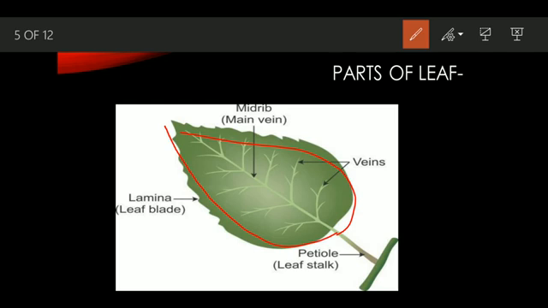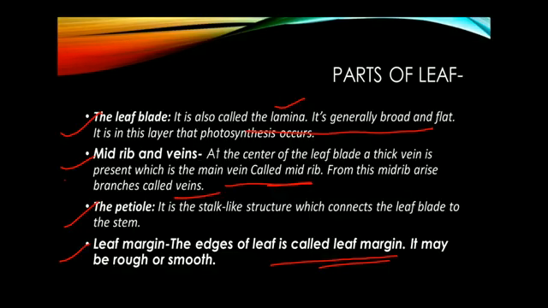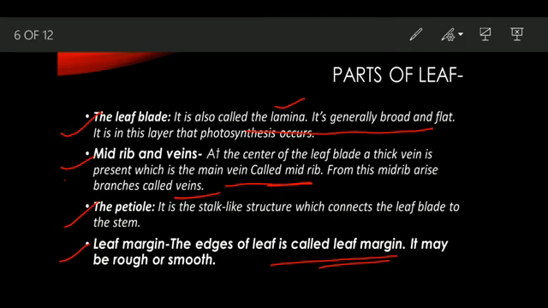So basically margins are different based on the structure of the leaf. Sometimes it may be rough, sometimes it may be smooth. So these are the parts of the leaf. Again, I want to remind you: the leaf blade, leaf midrib and veins, petioles, and leaf margin.